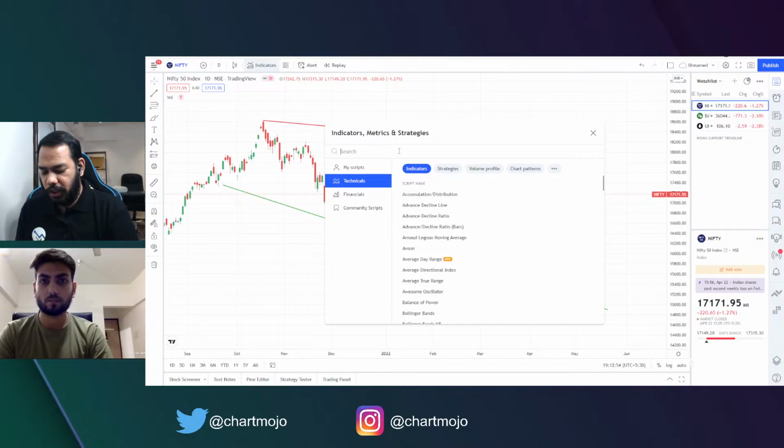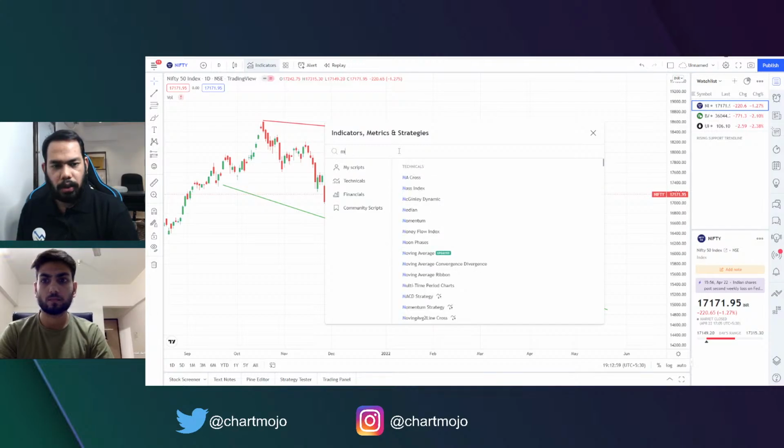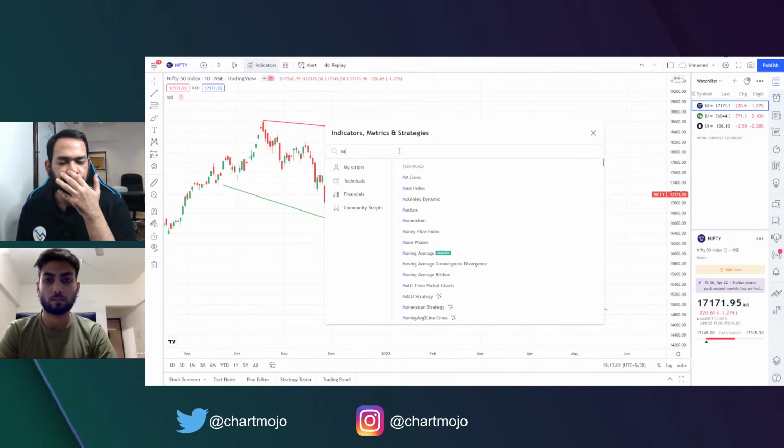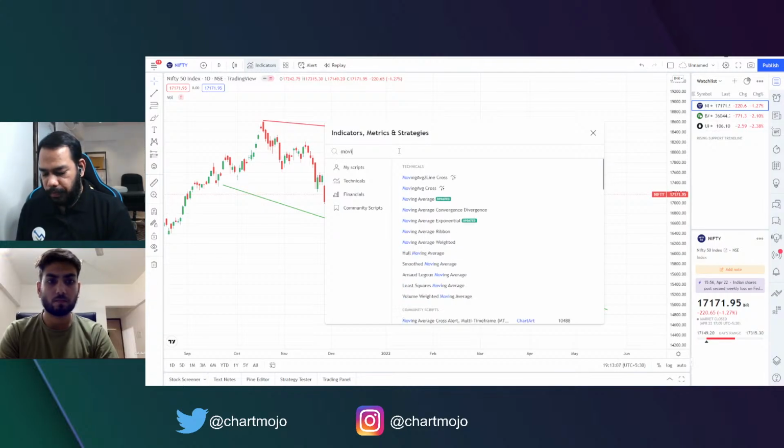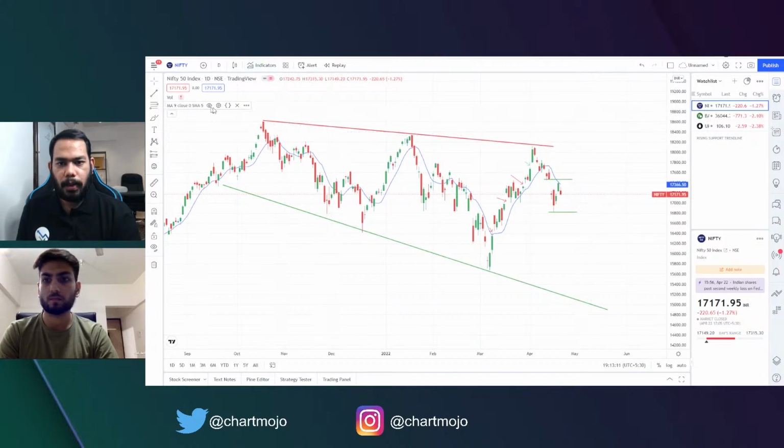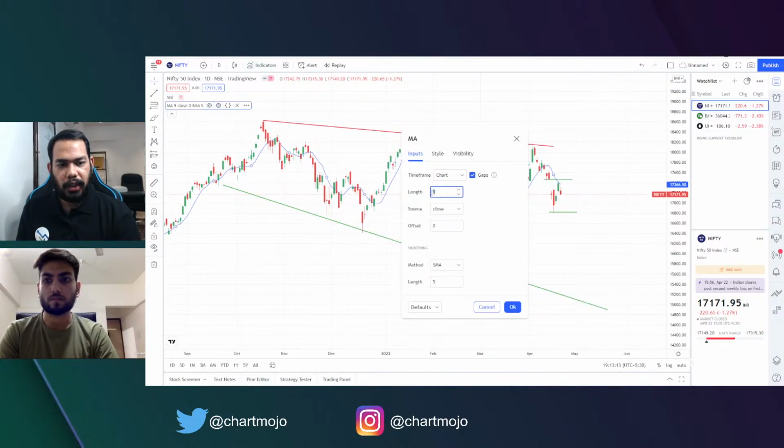Okay, the only indicator which gives us very good help to understand where a major demand or major supply zone occurs. So I am plotting the average. Okay, and we will be using the 200-day moving average. Why the 200-day moving average?